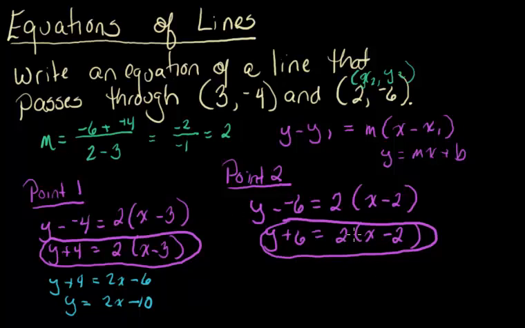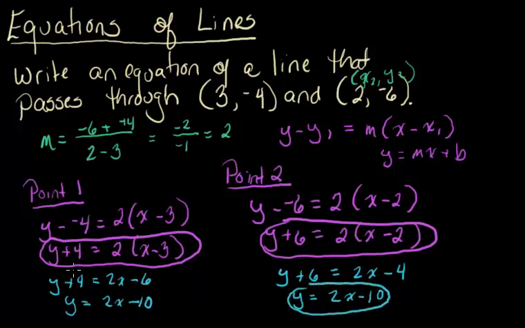Here, we're also going to use our distributive property. 2 is going to be multiplied by x and -2. We get y plus 6 equals 2x minus 4. Subtract 6 on both sides, and we get y equals 2x minus 10.